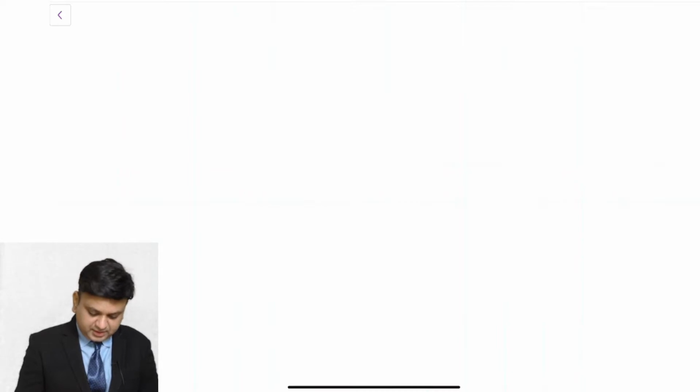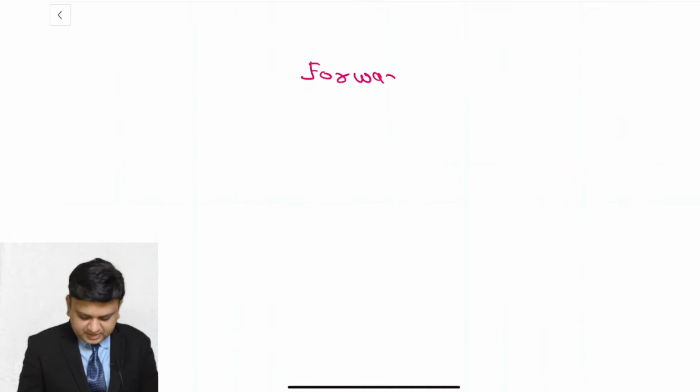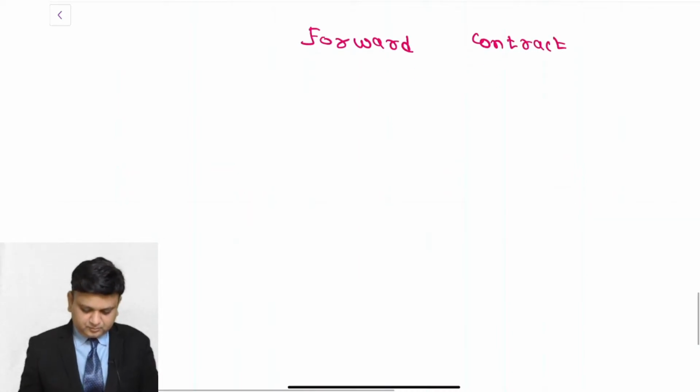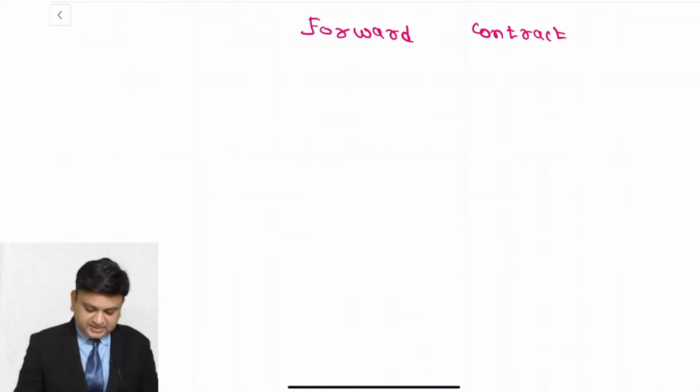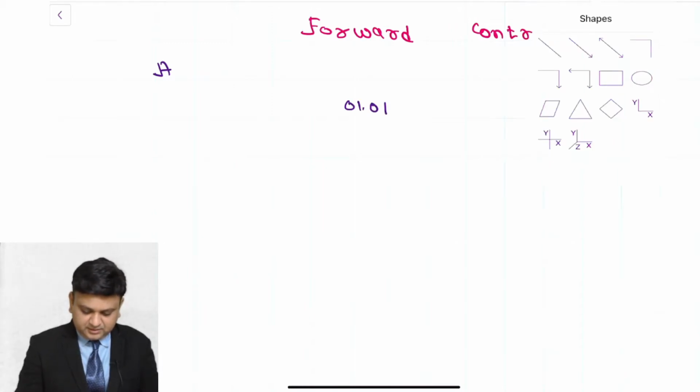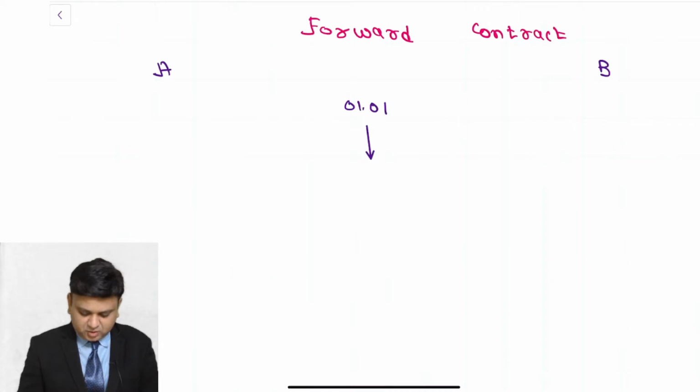Understanding forward contract from a derivative perspective, let me explain to you. Do not write anything. To explain that, I am taking two traders, Mr. A and Mr. B. Both of them are having some discussion on 1st of January regarding the price of the security Reliance on 31st of January.